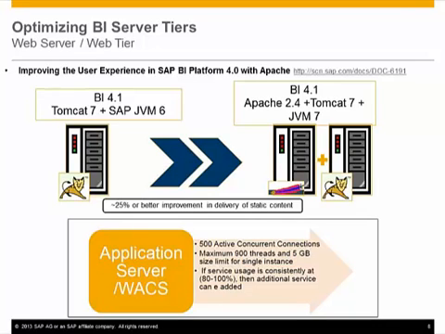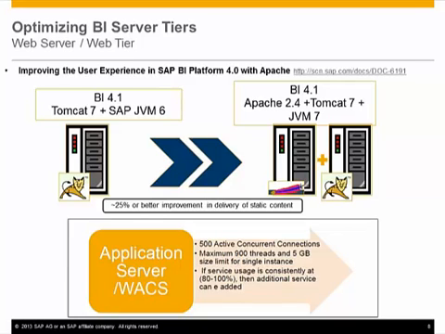And if you do that, what we've seen in our testing is approximately a 25% improvement in actual navigation when you go to the BI Launchpad portal and navigate around. You'll see much better performance with that split mode, where you have the static content on the web server and dynamic content on the application server.